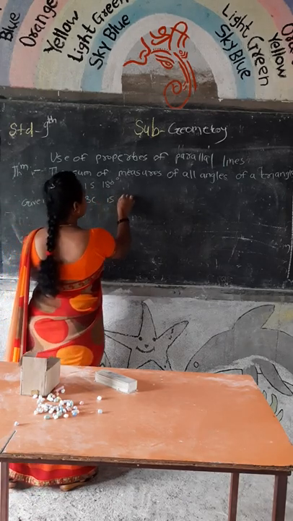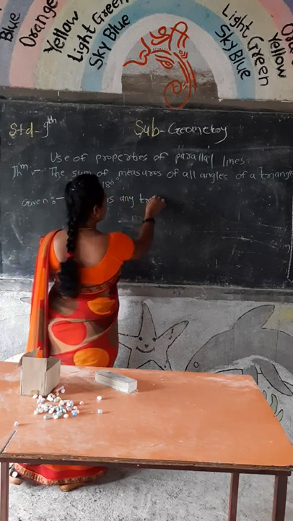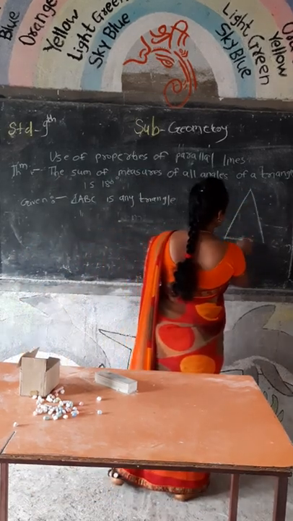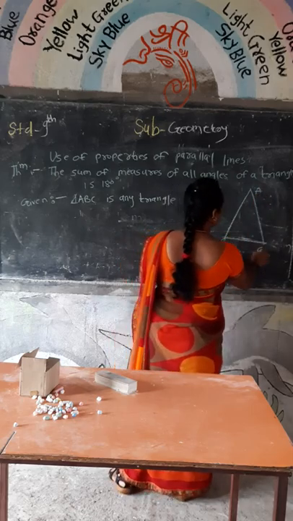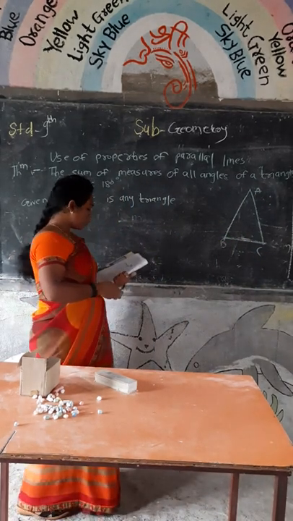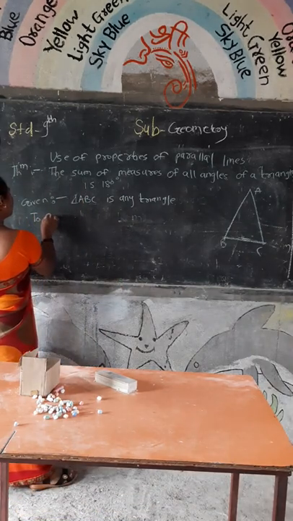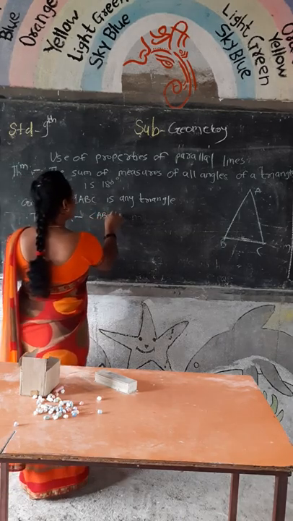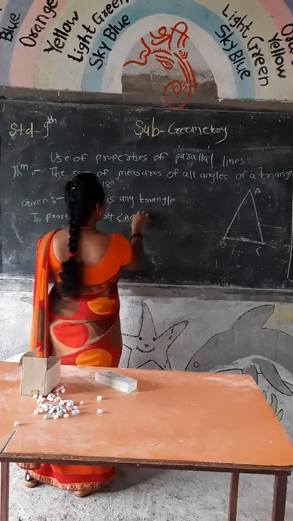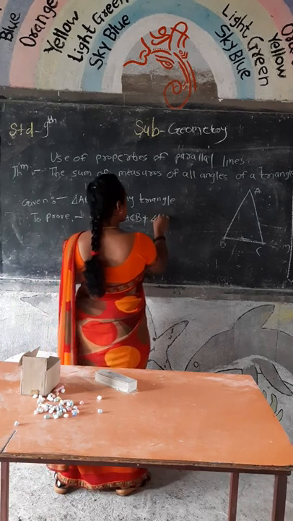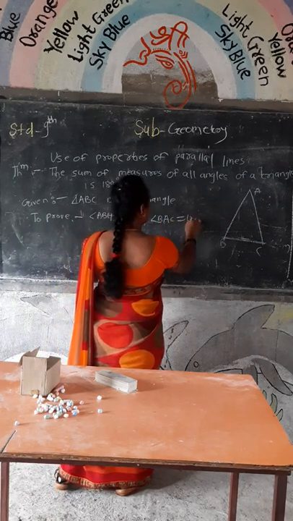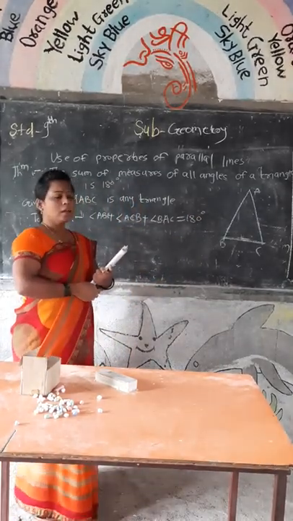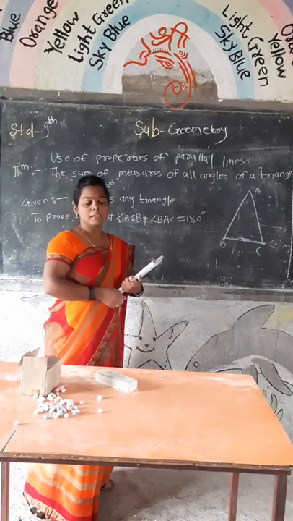Then to prove: angle ABC plus angle ACB plus angle BAC is equal to 180 degrees.